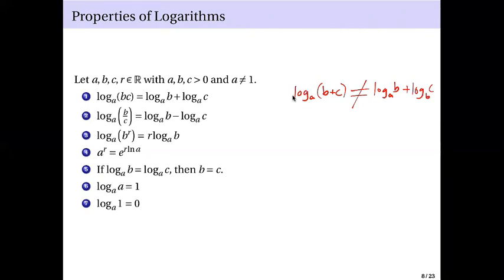I mean, you don't distribute your logarithm to each of b or c. Also, the logarithm of b with base a to the power r is not the same as the logarithm with base a of b to the r.